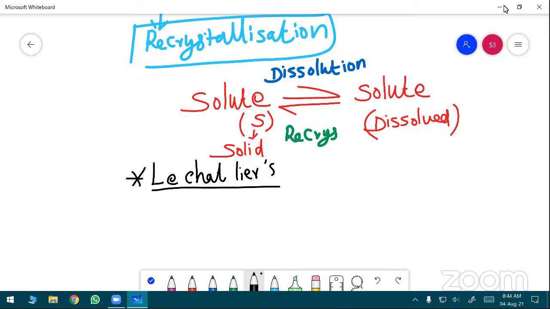Already we studied it in the equilibrium lesson last week. It is a very important principle that you will come across very often.